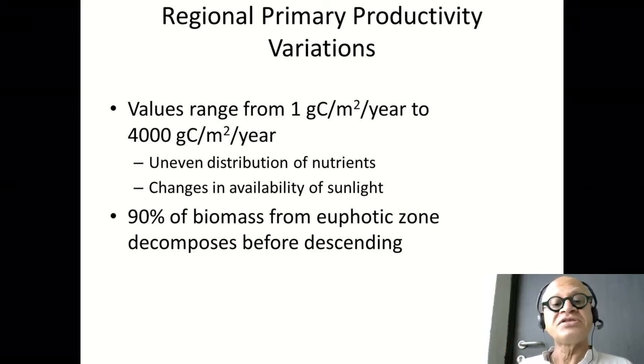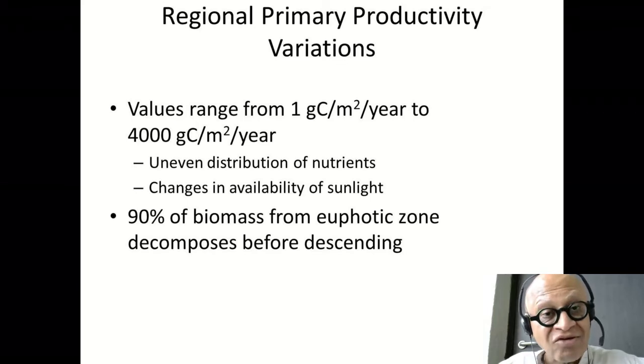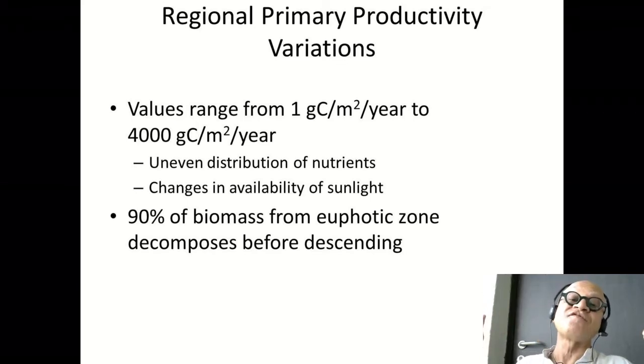Okay, so the uneven distribution obviously is related to mostly nutrients. The seasonality we will see later on will be related to the availability of sunlight, and the changes in sunlight can also affect the productivity, like in the Indian Ocean during the monsoon. Lots of cloud cover obviously is going to affect sunlight.